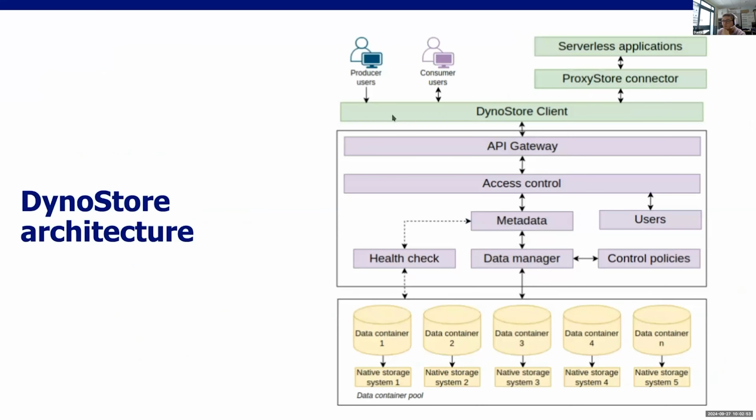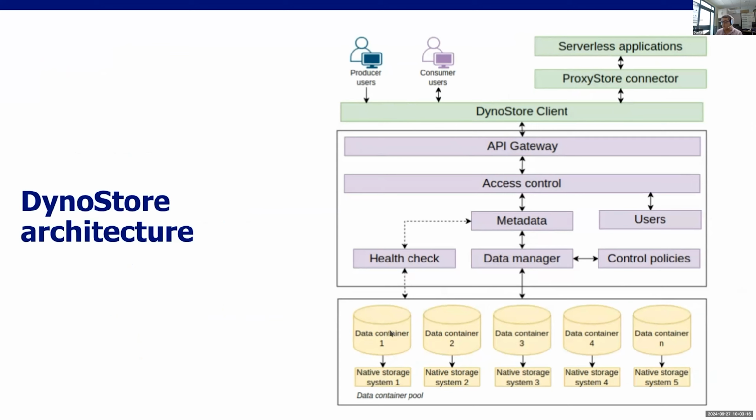So this is how it looks, the global architecture. We have an access layer where different clients can connect to access the rest of the services. Then we have the centralized metadata control that manages the allocation and location of data across the different storage locations, which are masked through different data containers.